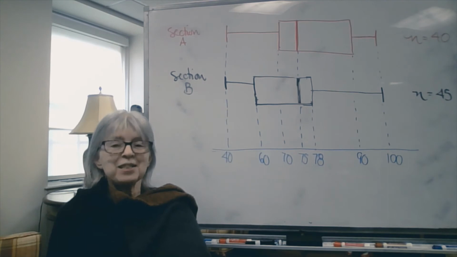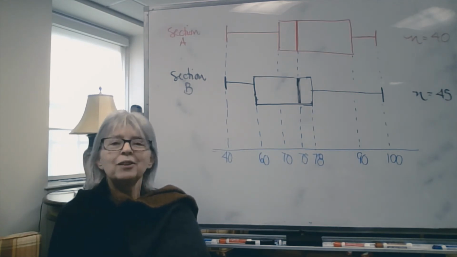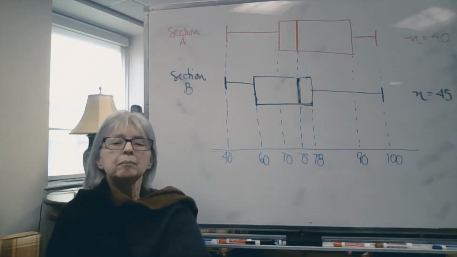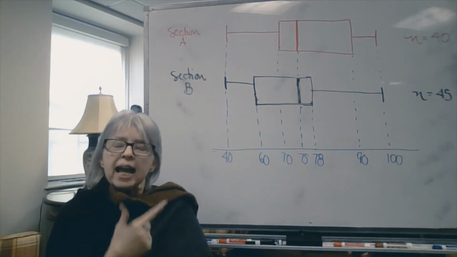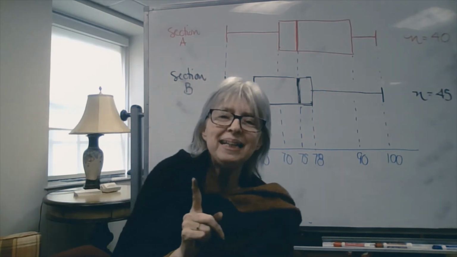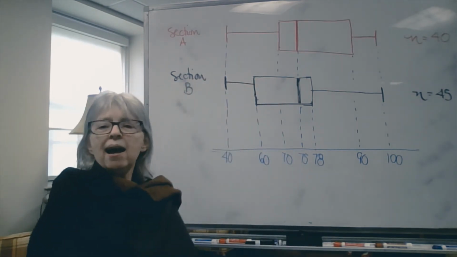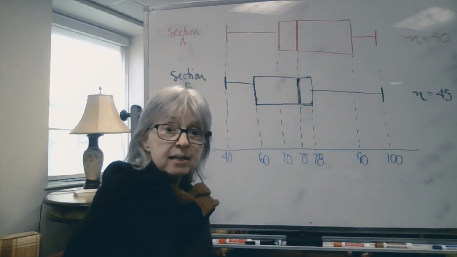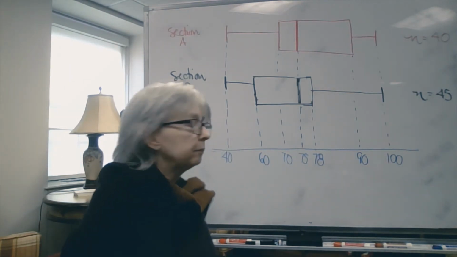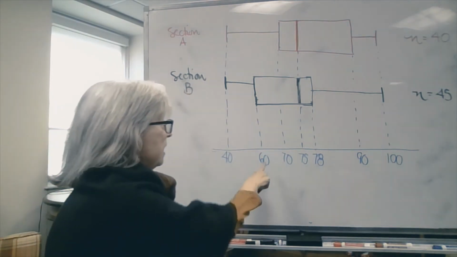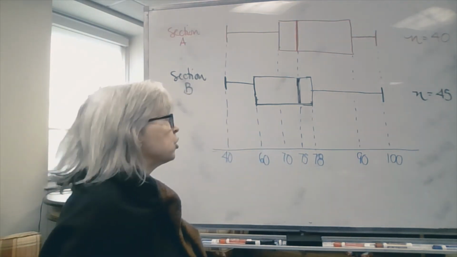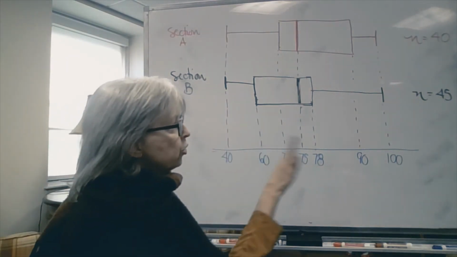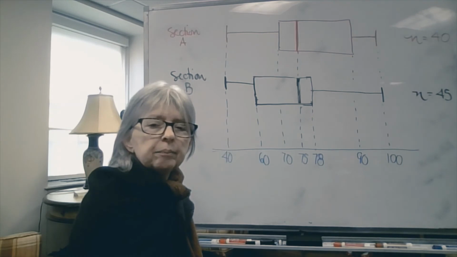Section B is skewed right. Look where the long whisker is. It's on the right. So if I were to just look at means, I would have a really misguided idea about my two classes. Here's why. Since Section B is skewed right, there's an unusual score or two over there on the right.